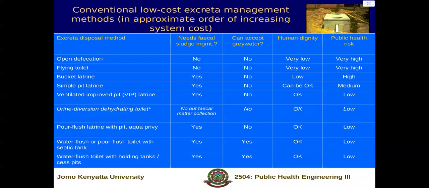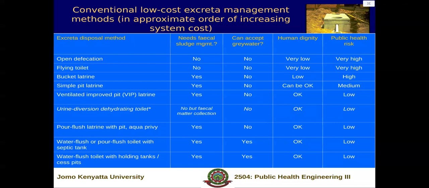The second thing is to ask, how do we treat it? It should be able to treat both the fecal sludge, manage the fecal sludge, and also the wastewater. What it has collected, it must also treat and then disperse safely.